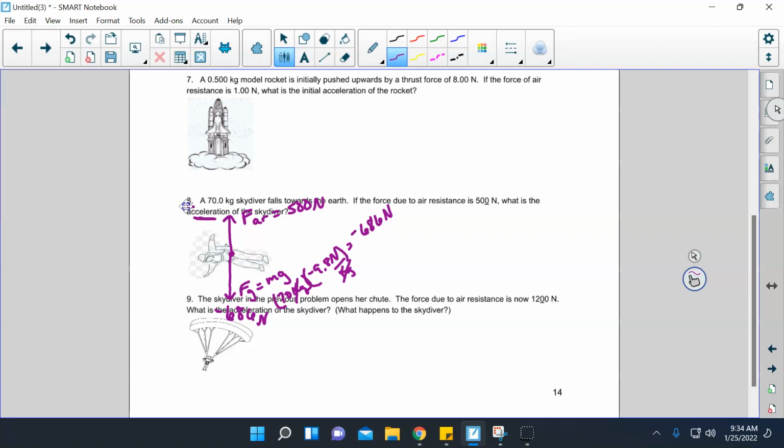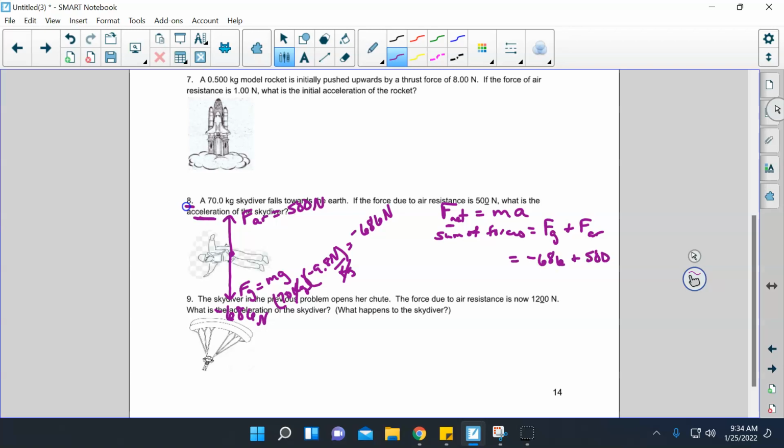Okay, so don't I know that the force net equals the mass times the acceleration? Do I know what the net force is? Isn't the net force the sum of the forces? Force net, then I need to add up these two forces. So if I take force gravity plus force air resistance, it looks like I have a negative 686 plus 500.